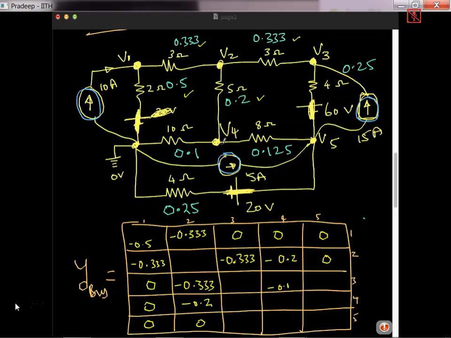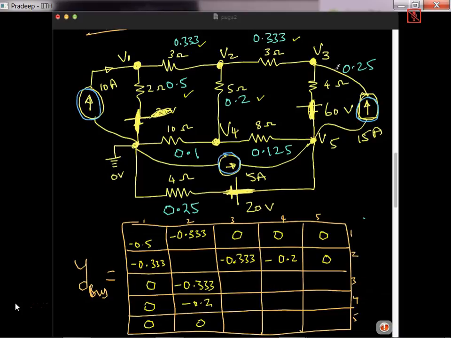And then the fourth node is connected to 2, already that is considered. Fourth node is connected to 5, so minus 0.125. Sorry, I am putting it in on third. Let's look at third.